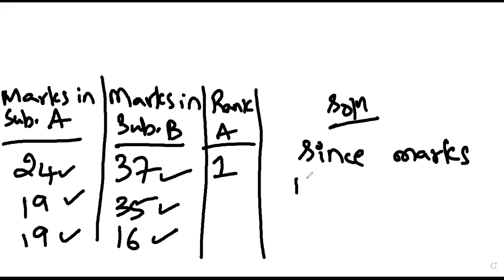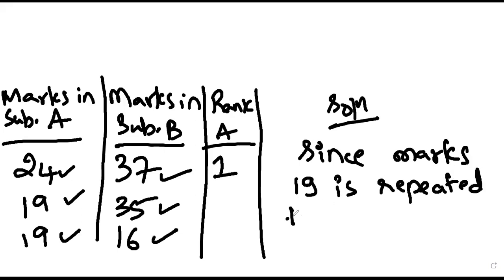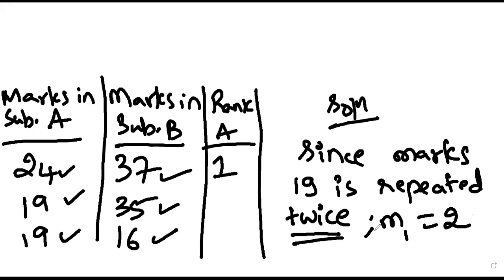Since marks 19 is repeated twice, okay, m1 will be considered as 2. Why? Because it is repeated twice. One value or one mark is repeated twice. Okay, so that is the reason m1 is considered as 2.